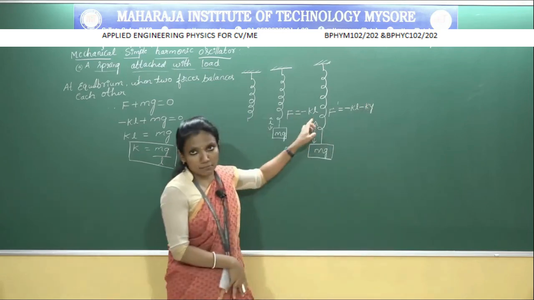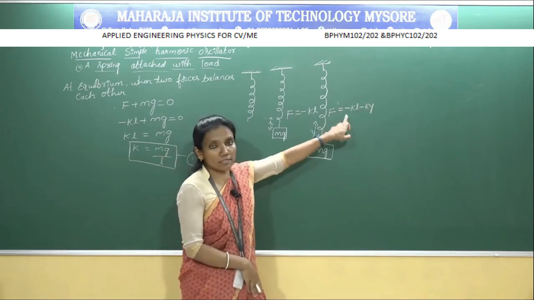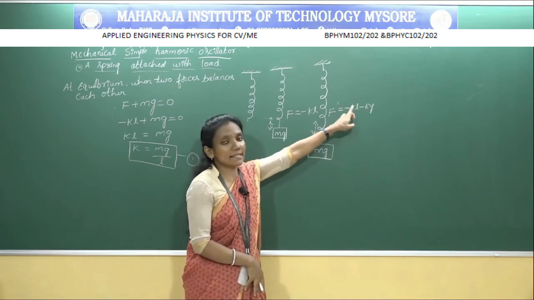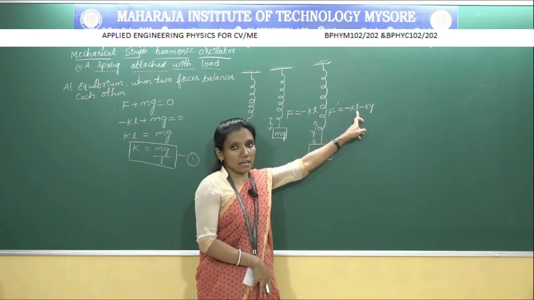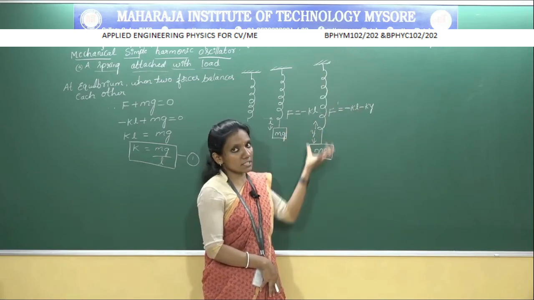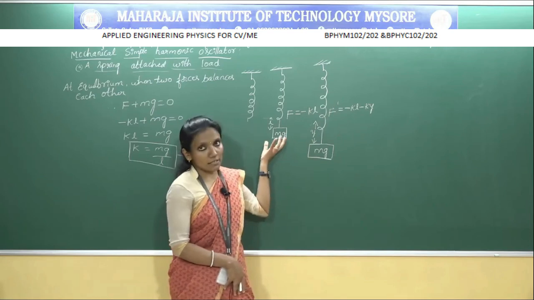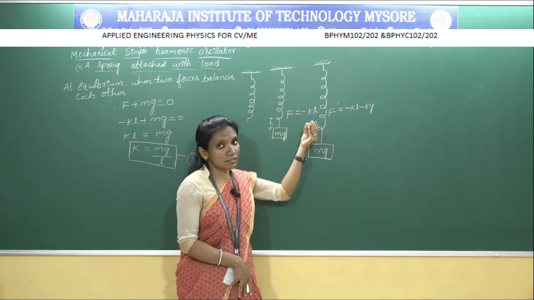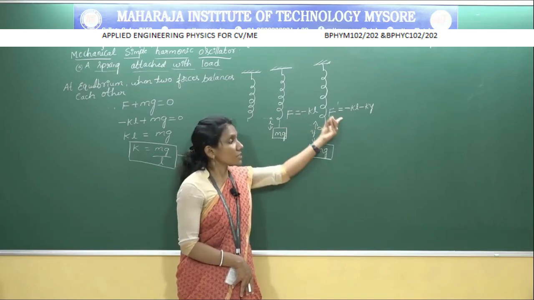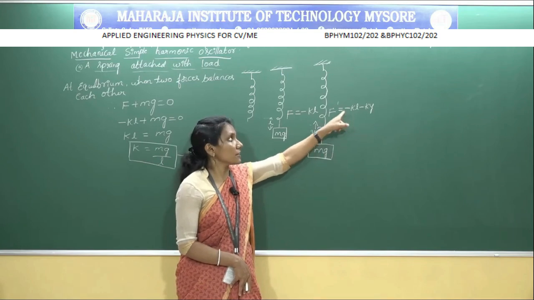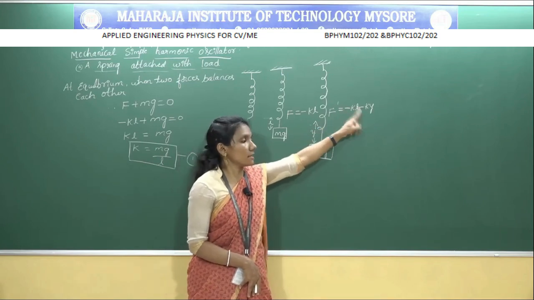So now in this spring, the force becomes F dash is equal to minus KL minus Ky, where L is the length of the spring attached with the mass. When we pull down this same spring further downwards, the force is F dash is equal to minus KL minus Ky.